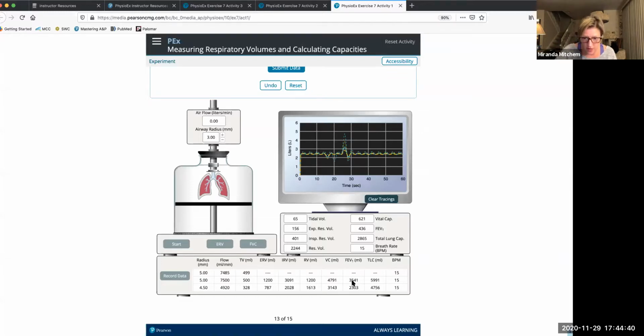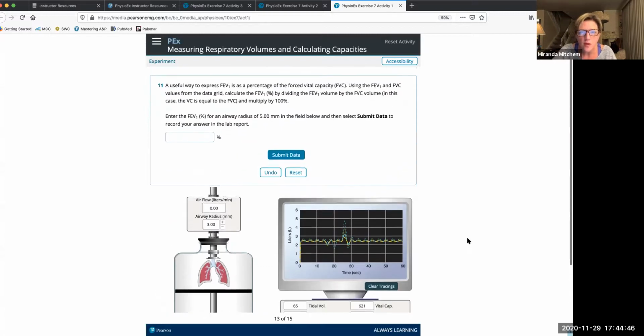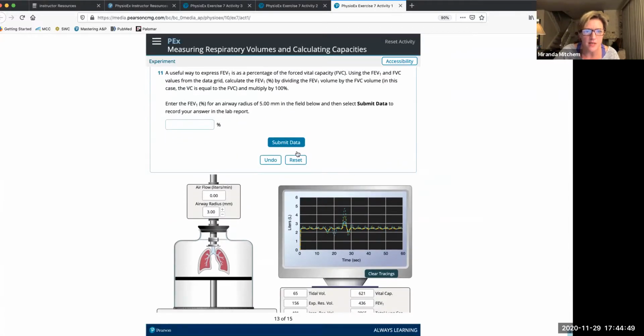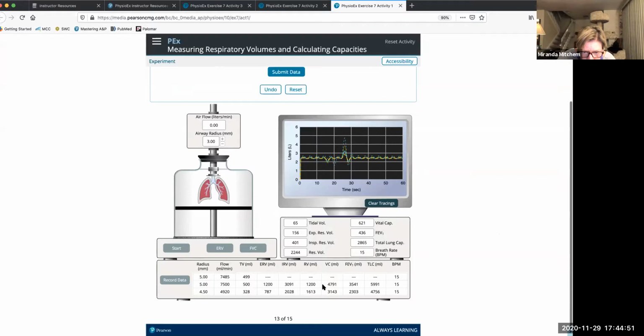And we're going to divide it by the forced vital capacity. So this is the vital capacity here. So it's this number, 4791.